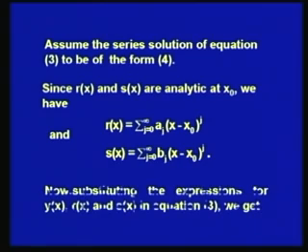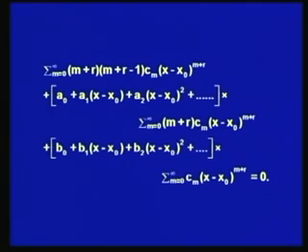Then we shall have sigma m equal to 0 to infinity (m plus r) (m plus r minus 1) Cm (x minus x naught) to the power m plus r, because the first term in that equation is (x minus x naught) whole square into y double dash. So when you differentiate y twice and multiply by (x minus x naught) whole square, you get the power of x minus x naught as m plus r here.